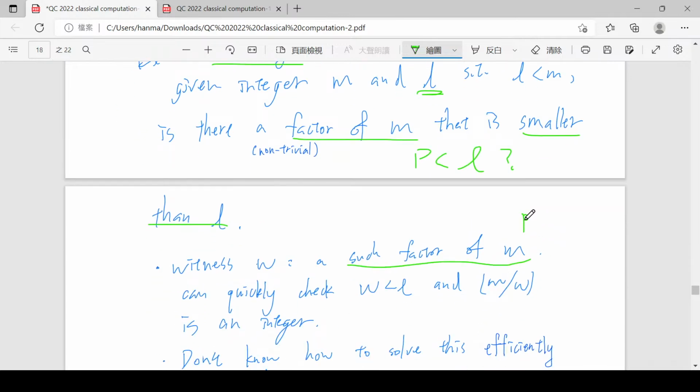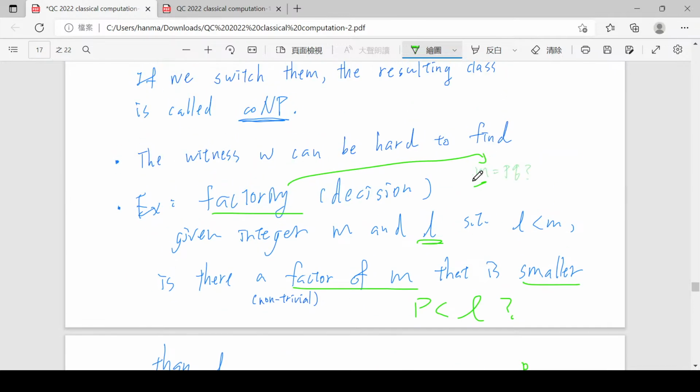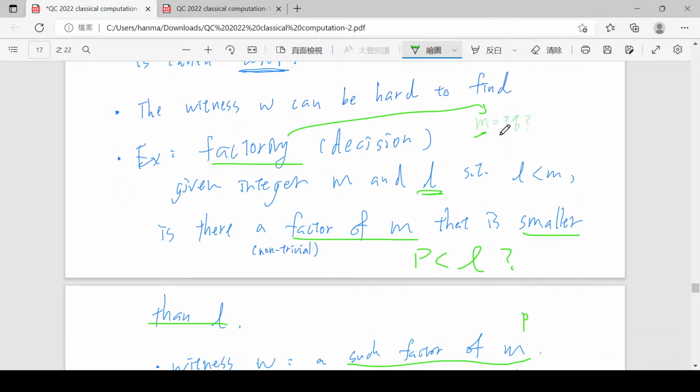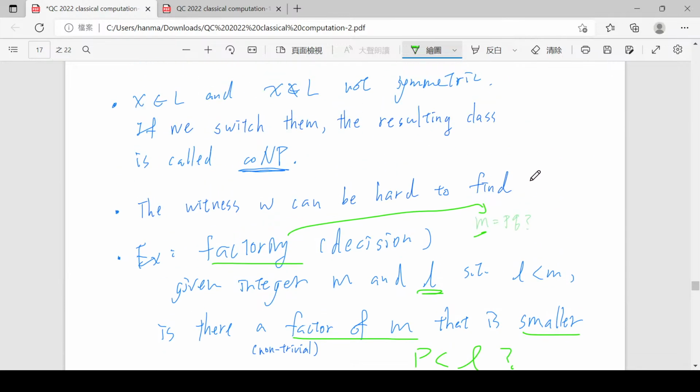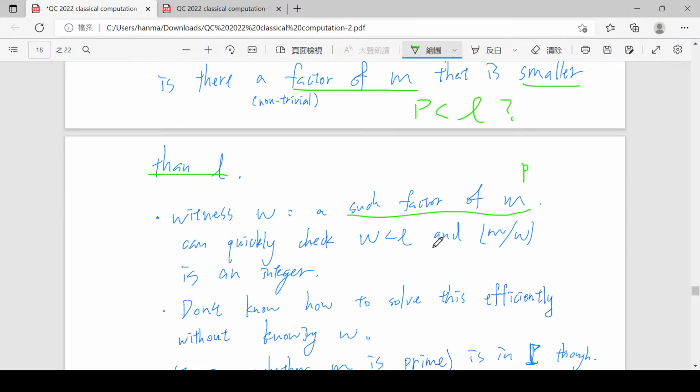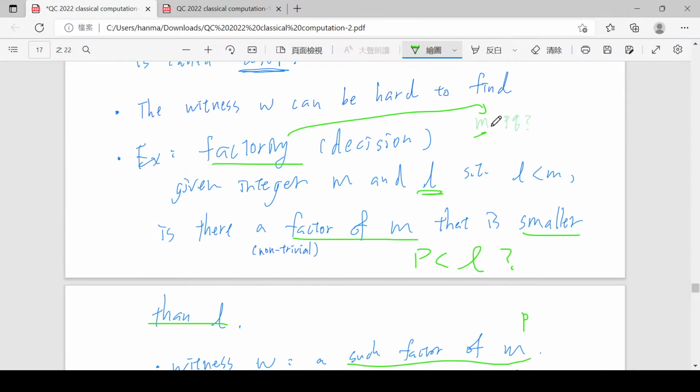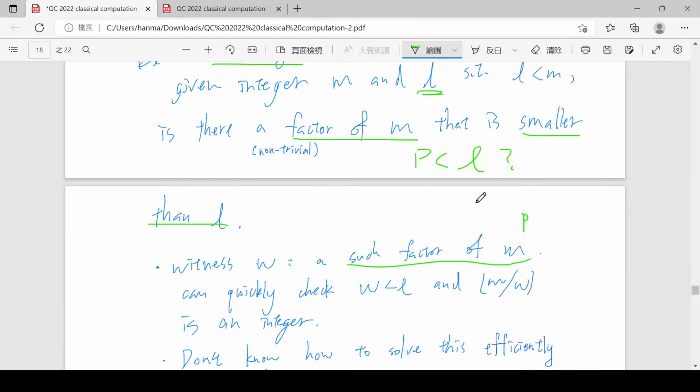If someone really smart told you that this big number n can be written as a multiplication of p and q, and the prover just told you this p, then you can check that. You can divide your n by p and find out that p is actually a factor of n, so you can do the division. So now the W is equal to p.